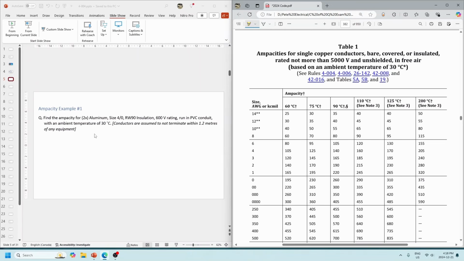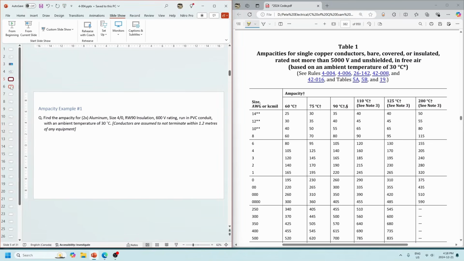I've put a note here for all of these examples: we're not taking into account the termination of the conductors. Conductors are assumed to not terminate within 1.2 meters of any equipment. It's like we're running these to a JB, and then from the JB we go to the equipment. That's obviously not the case in most installations, but this is just to determine the maximum ampacity of each of these conductors.